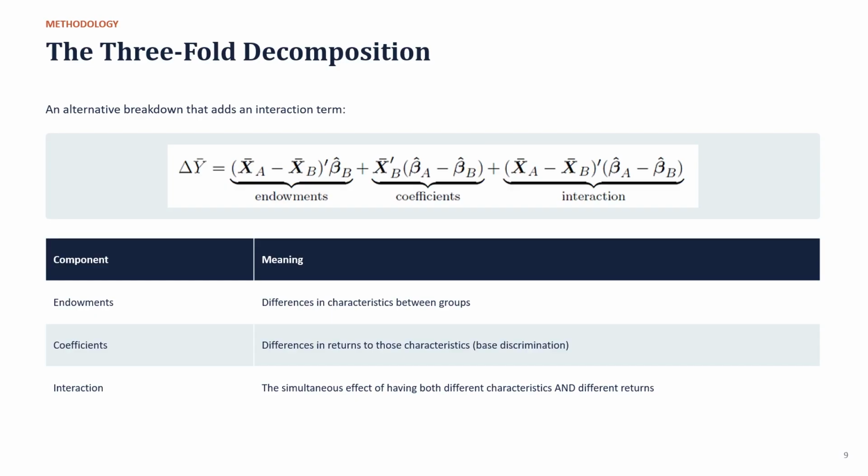So you get three components: differences in endowments, that is characteristics; differences in coefficients, that is returns; and the interaction term between the two. This can be very useful when you suspect that the groups are not just different in skills or in rewards, but that the relationship between skills and rewards itself varies non-linearly across the groups.